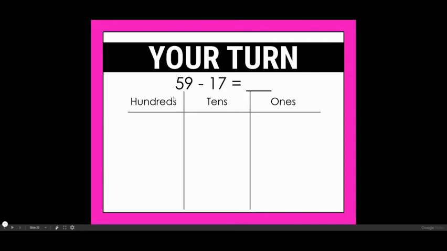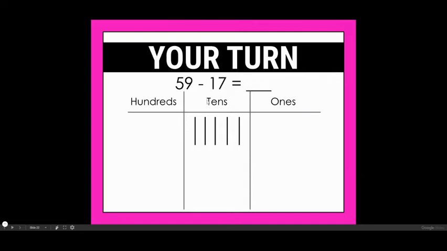Are there any hundreds in 59? No. Are there any tens in 59? There are 5 tens. So draw your straight lines to draw 5 tens. 1, 2, 3, 4, 5.